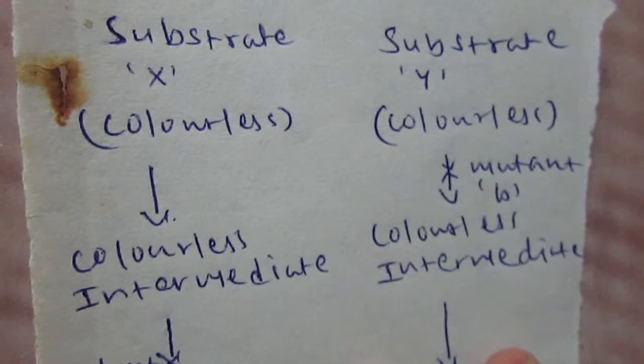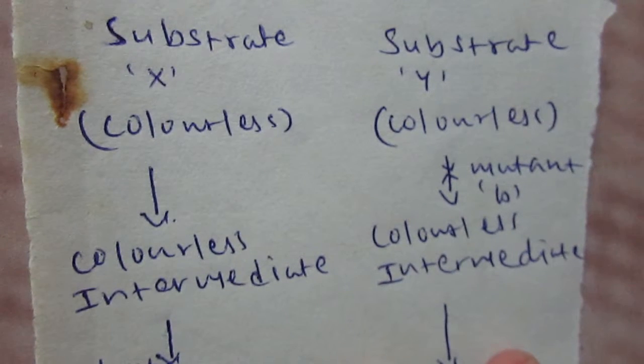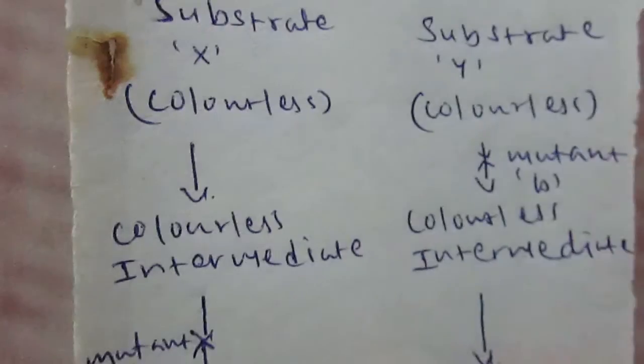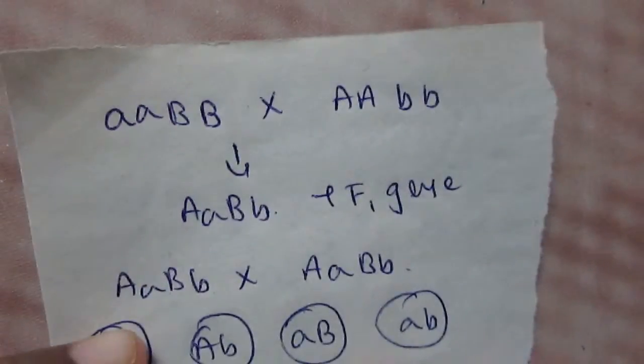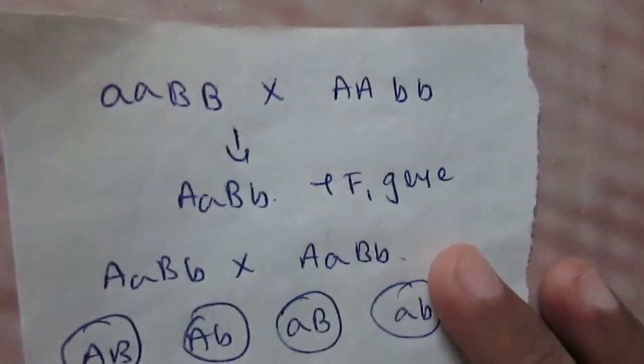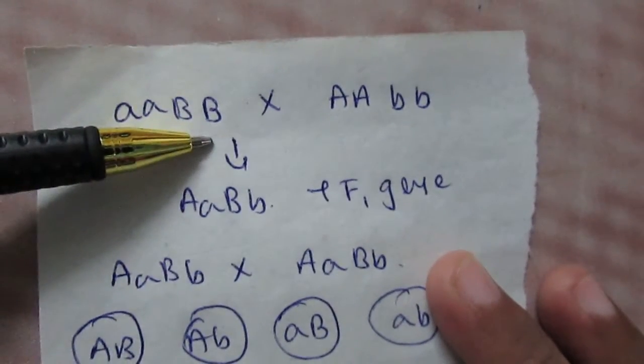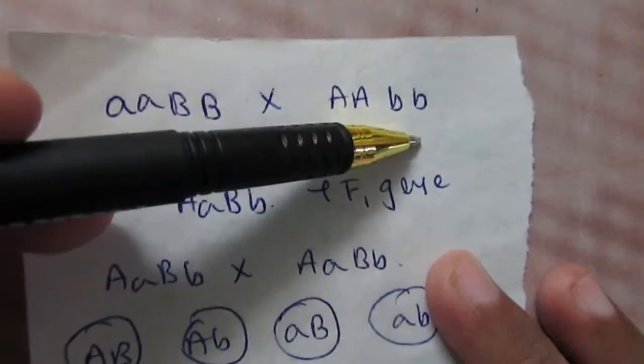Here one thing we should note down is that small a and small b, both mutants, are not linked with each other. That means they will follow Mendelian genetics and will independently assort. The parental genotypes are small a, capital B, crossed with capital A, small b.